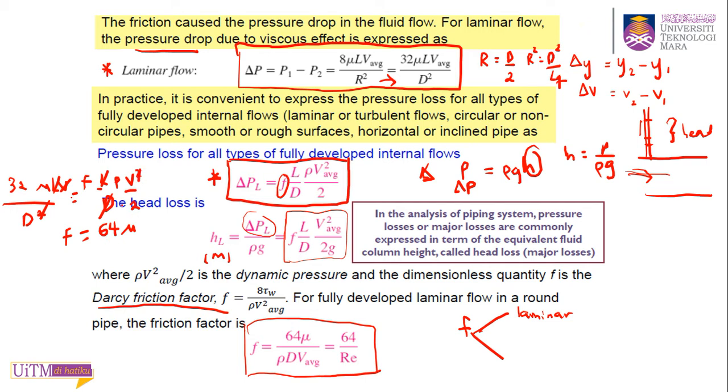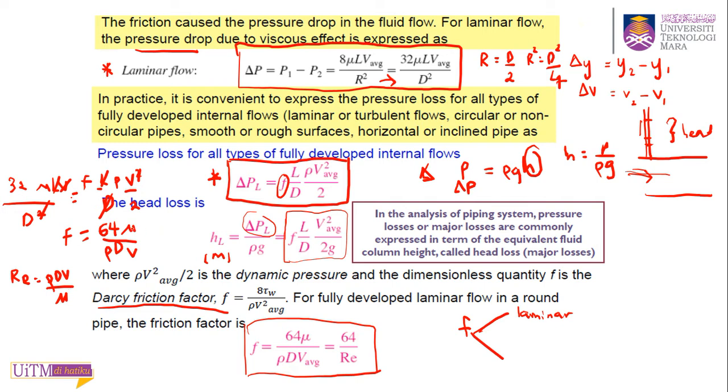Then you bring this term to the bottom position, so you have rho, one D and one V. So that's why you have this equation, 64 mu over rho D V, rho times diameter times velocity. And we know that the Reynolds number is equal to rho times D times V over mu.